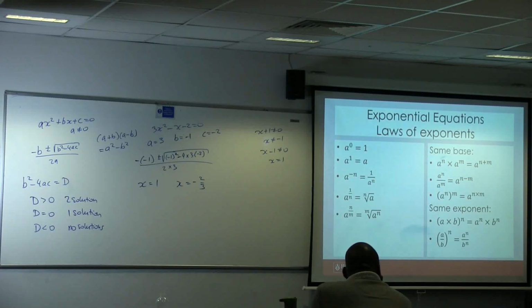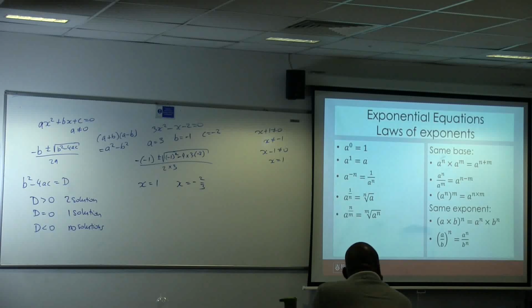Now, if you have got two numbers, same base, but different powers multiplied together, then you can just add the powers together. Again, you have got the same base, but now you're dividing your numbers, then you can just take away the powers. And if you raise a power to a power, that's the same as multiplying the powers together.